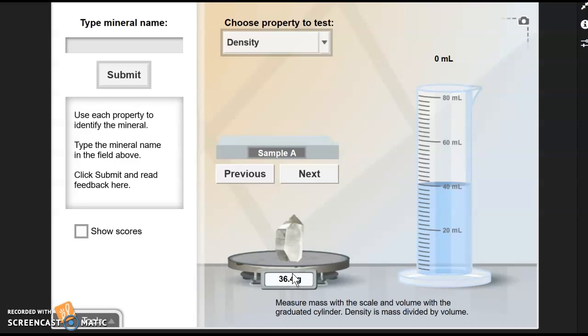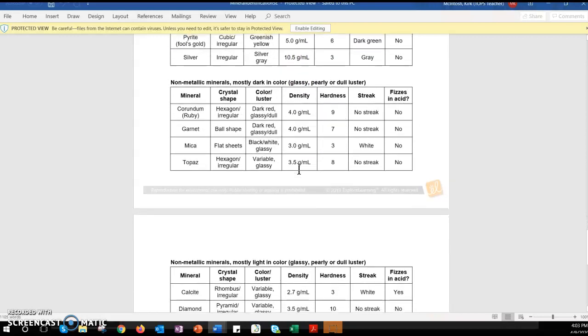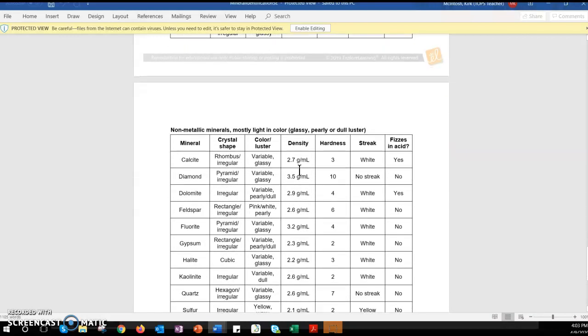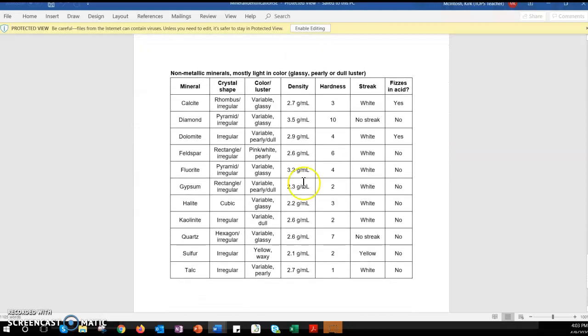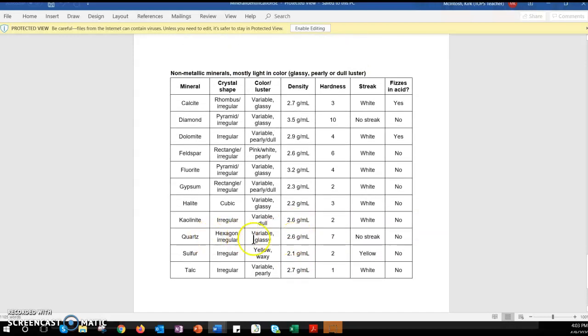Now, when I look at my chart that I'm going to be comparing this to, you can see over here under the density, the different grams per milliliter. So already I'm going to be able to narrow this down to something that is 2.6 grams per milliliter. Now there are only 3 of those here in my chart, and that is quartz, kaolinite, and feldspar.